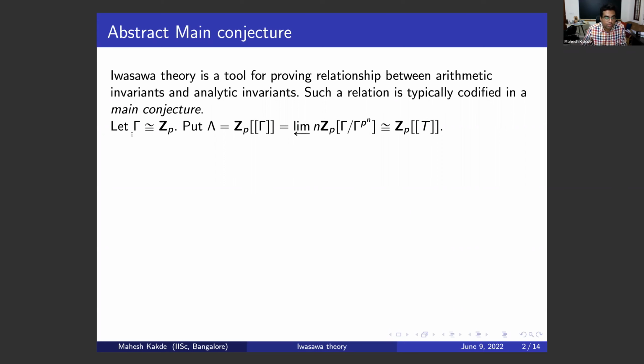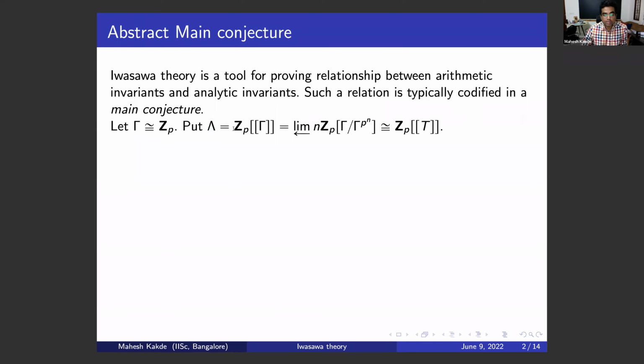So let's go to the very classical situation where gamma is your group Z_p, the p-adic integers with addition as the operation, but I'll denote gamma multiplicatively. So that's the standard convention.